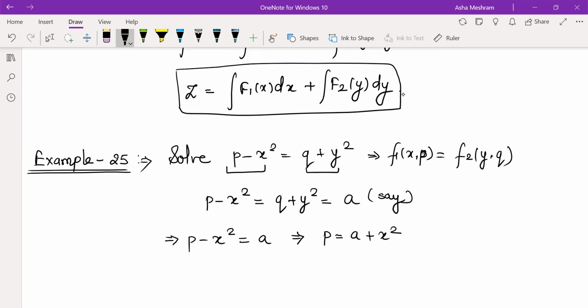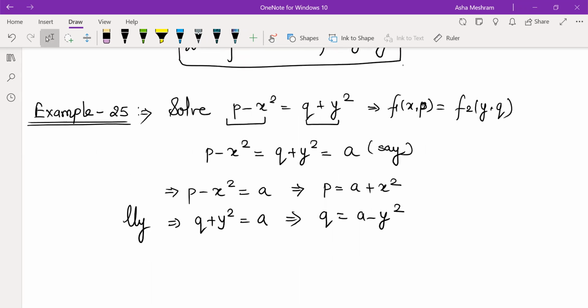Okay, and similarly q plus y square is equal to a. So we can take the small q is equal to a minus y square.